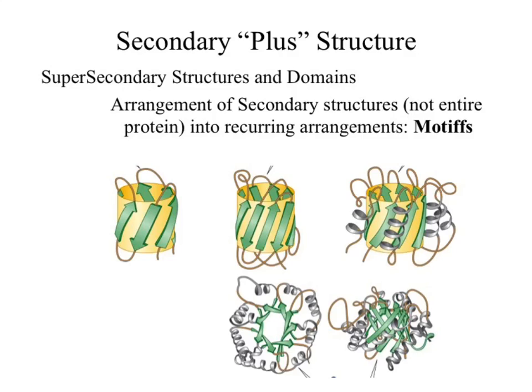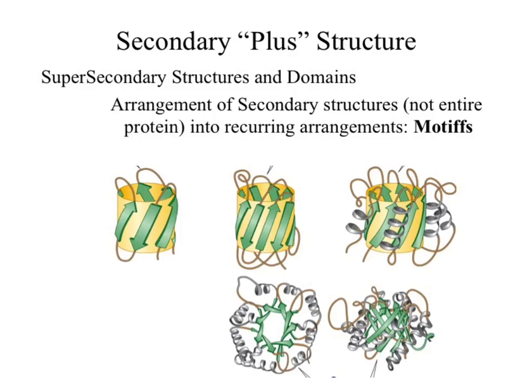That puts you in this gray area between secondary structure and tertiary structure. Your secondary structure is just supposed to be the sheet itself interacting with nothing else. A beta barrel is that beta sheet interacting with itself. Why do we call that secondary? Because it's interacting with itself. If it interacts with something else, then it's really tertiary.